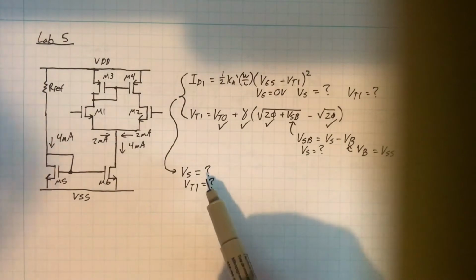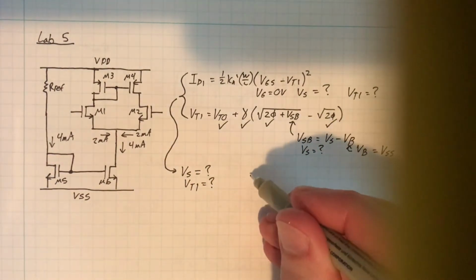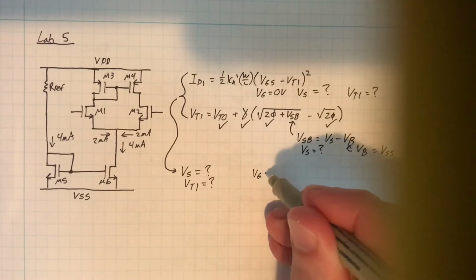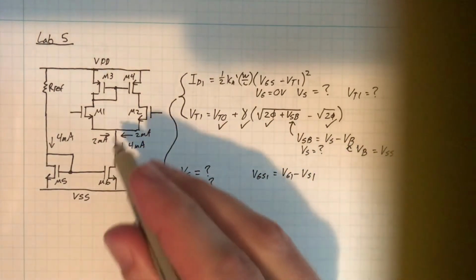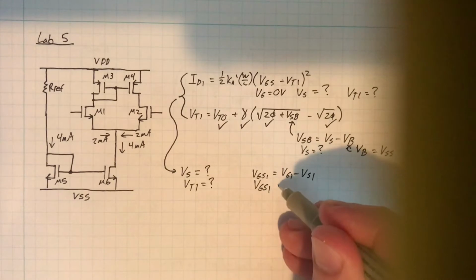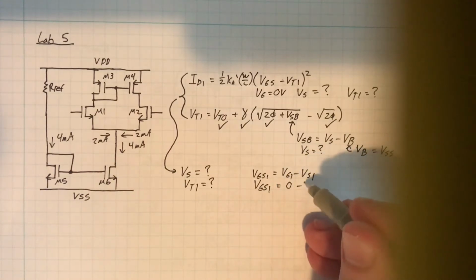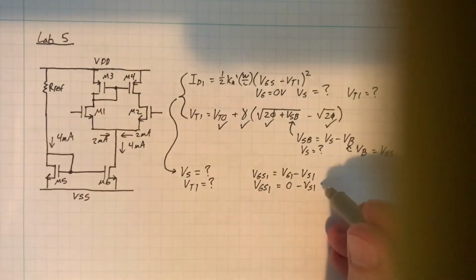And once you know VS, you can figure out what VGS is. VG1 minus VS1. If the gate's connected to 0, then VGS1 is equal to 0 minus VS1.